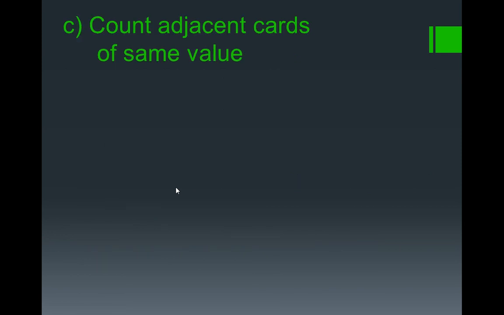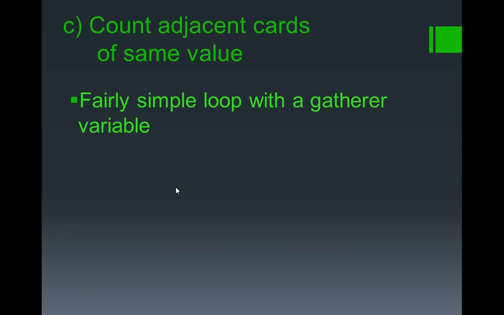We now get to something that I don't think is going to come up, but that doesn't mean it won't. I don't really think it will. It's trying to somehow assess the randomness of the deck by finding out how many adjacent cards have the same value. I mean, it's easy.